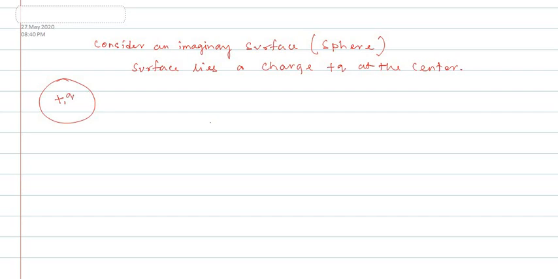Plus q, and its radius is equal to R. Now from electric flux we already know that we are considering a small portion here, and let us take this small area as how much?